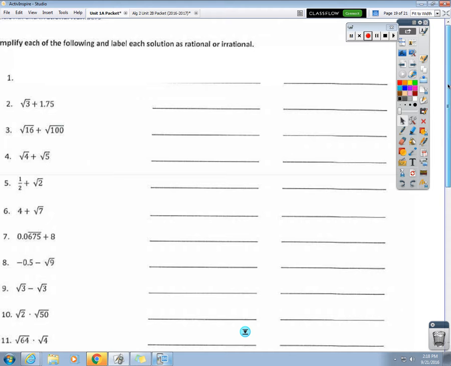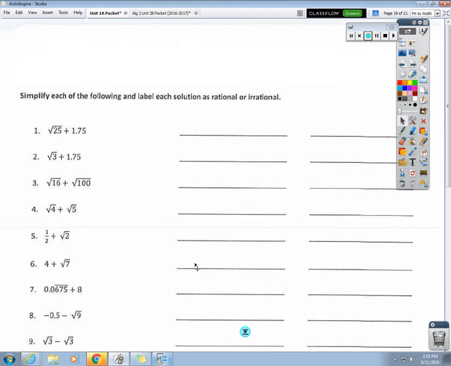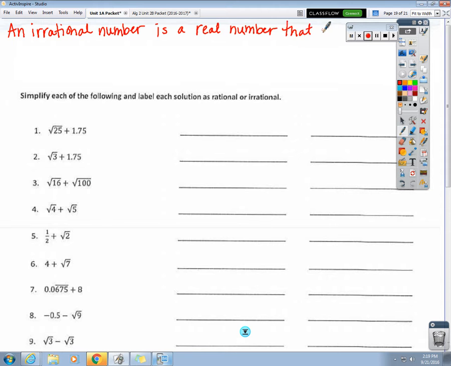Okay, at the top of this assignment, you're going to write down the definition of an irrational number. Here we go. An irrational number is a real number that can't be expressed as a ratio of integers.